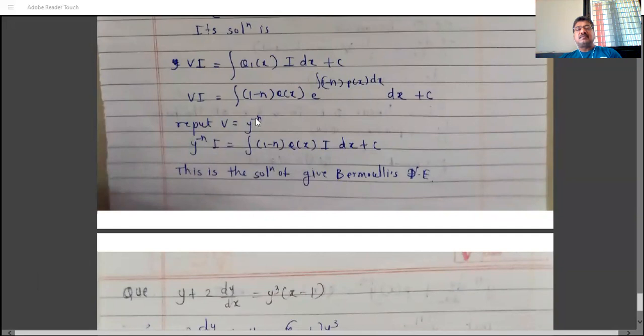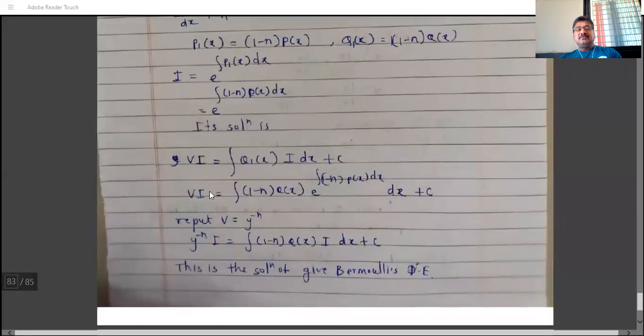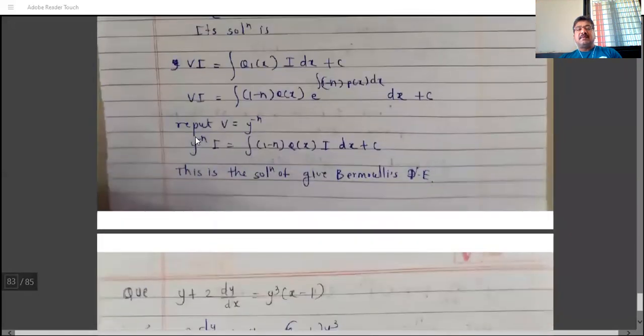It is not y raised to minus n; v is y raised to 1 minus n. So substitute v as y raised to 1 minus n, times I, where I is e raised to integration of (1 minus n) P(x) dx, is equal to integration of (1 minus n) Q(x) I dx plus constant.